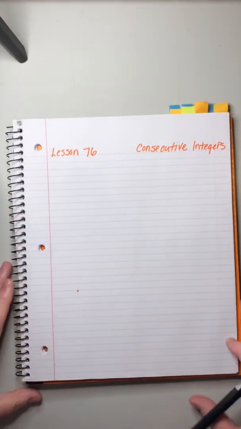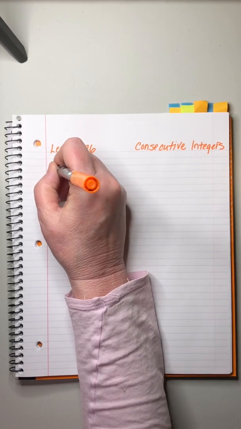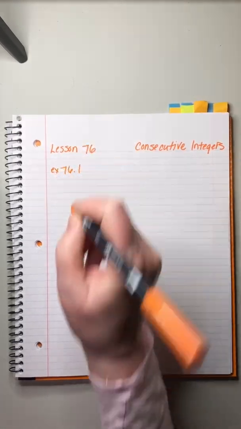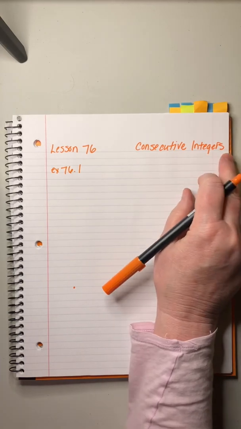Today, in Lesson 76, we're going to come up with an introduction to a certain kind of word problem that we're going to be fooling around with for, I think, into next year. We'll continue to mess with it. The problems look like this. It says, find 3 consecutive integers.